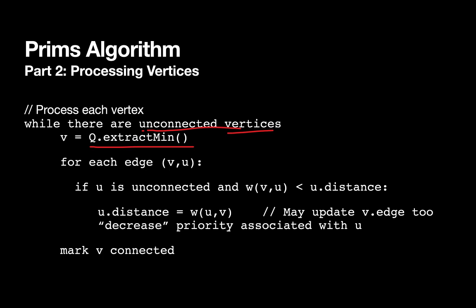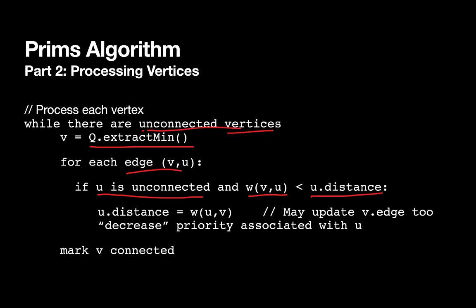And then we'll go through each of the outgoing edges of our vertex, and we'll see if the outgoing edge is connected to something that's not yet connected to our spanning tree. And if so, we'll use that outgoing edge's weight to see if it's a good path, if it's better than the best known path.